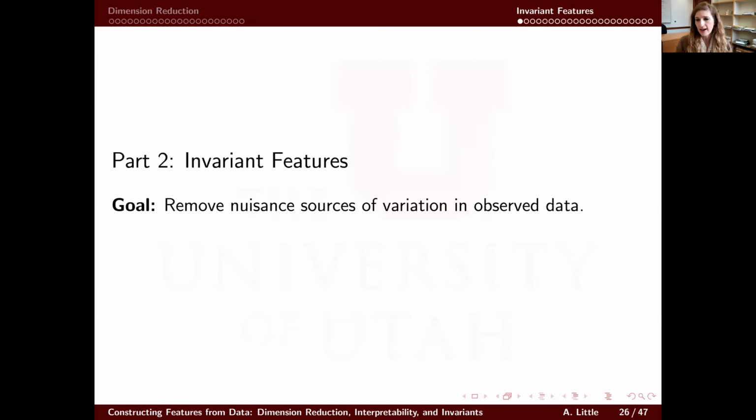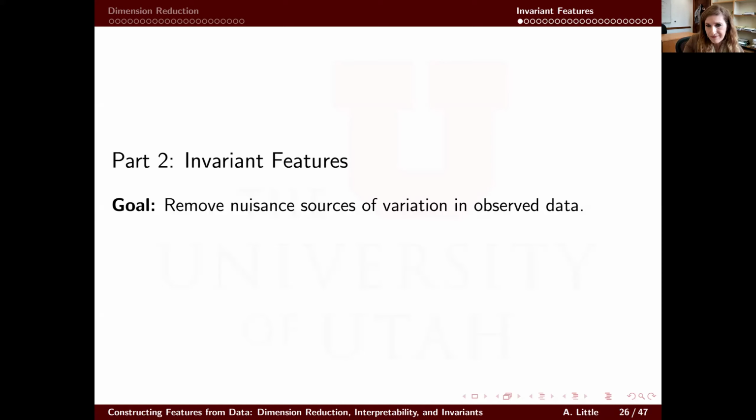Okay. So in the last part of the talk, I wanted to shift gears a little bit and talk about another goal when making features from data. And this is that a lot of times you want to remove nuisance sources of variation in your observed data.